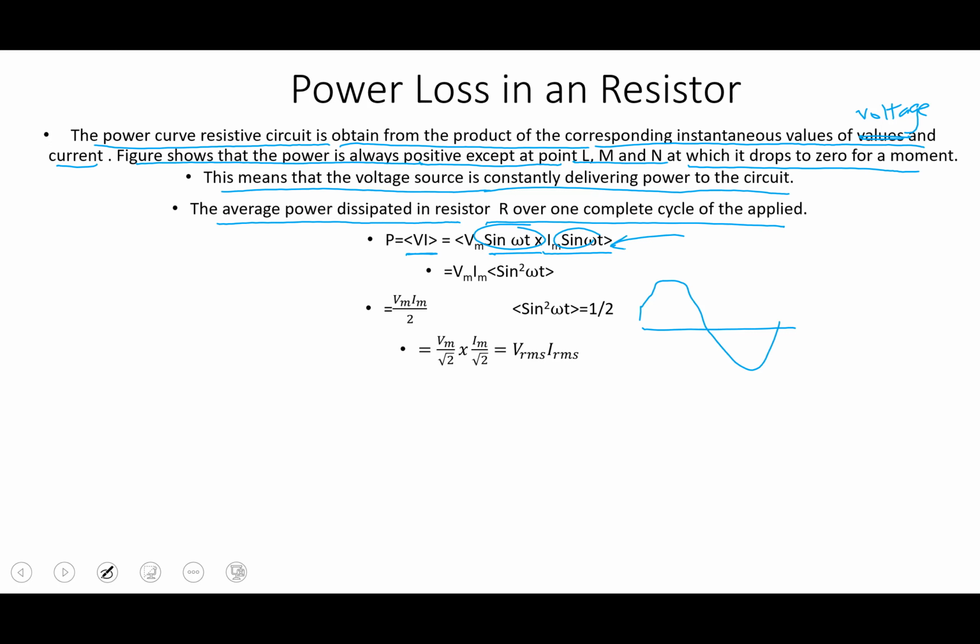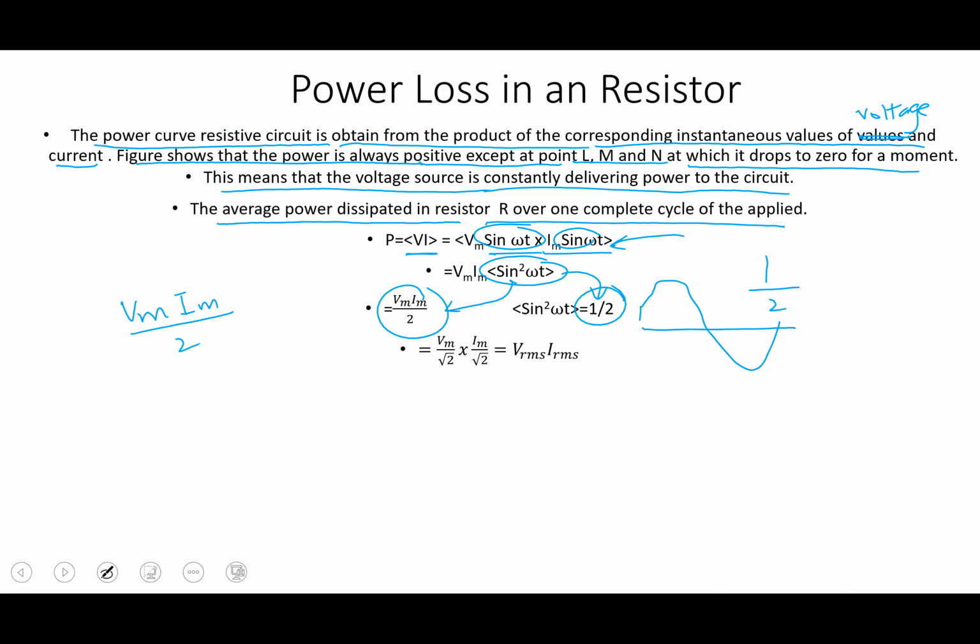The average value of sin² is half. So we have Vm × Im divided by 2. We can simply write it down like this.